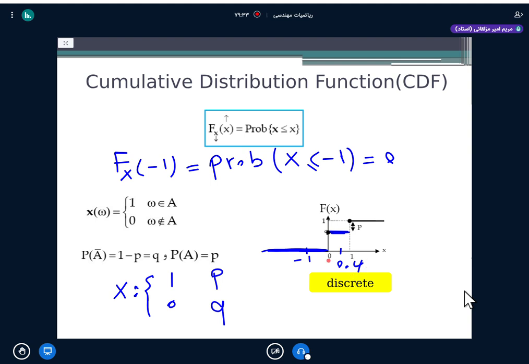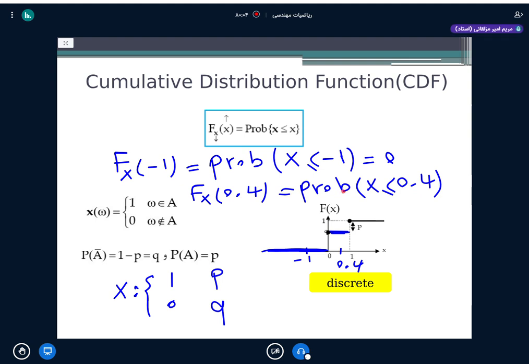We want to compute the CDF at this point, which means the probability that the random variable x is less than or equal to this value.